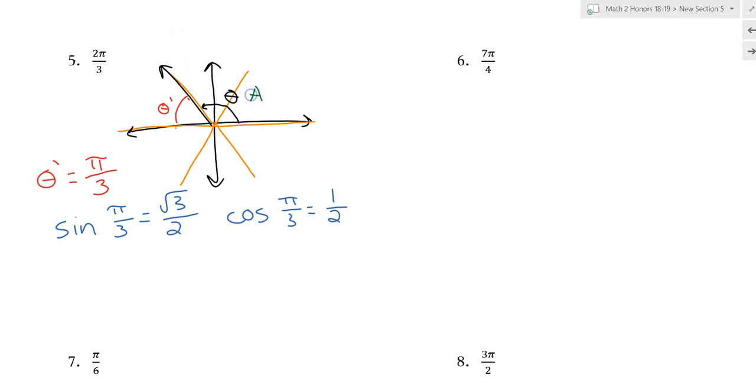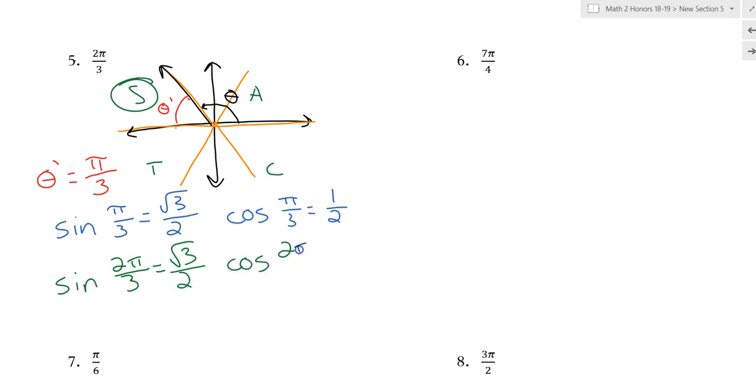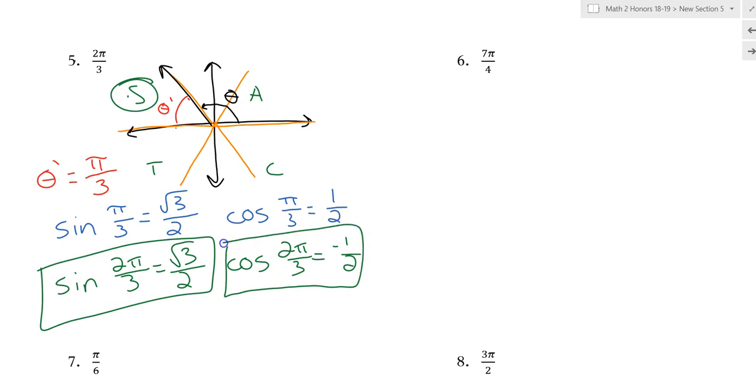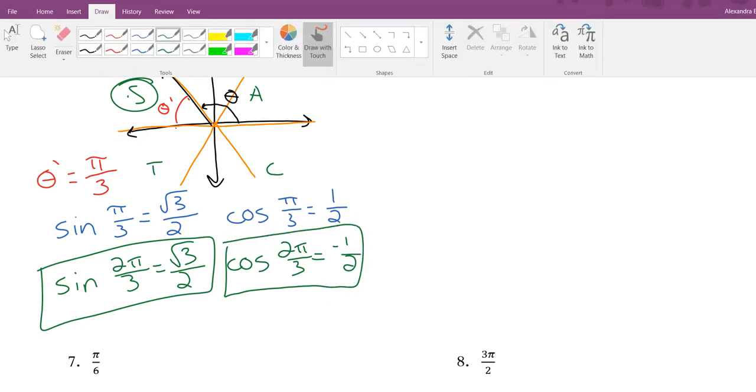Then, all students take calculus. We're in quadrant 2, so sine is positive. So sine of 2 pi over 3 is positive square root 3 over 2. Cosine of 2 pi over 3, well, sine is positive, so cosine is negative, so negative 1/2. And that's it.